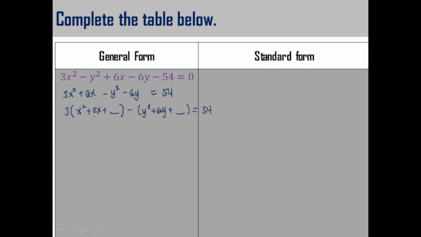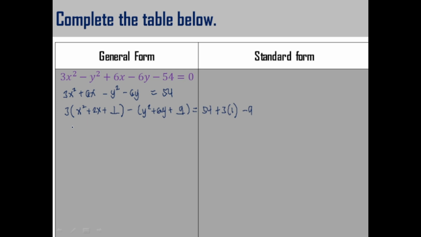So 2 divided by 2, that's 1. 1 square is 1. Ito yung 1. So ito yung magiging plus 3 times 1. Dito naman, 6 divided by 2, that's 3. 3 square is 9. So ito yung times 9. So ito yung minus 9 po sa other side. Minus because actually it is negative 1 times 9. That's why negative 9 po yung sagot dito or yung sinulat ko.